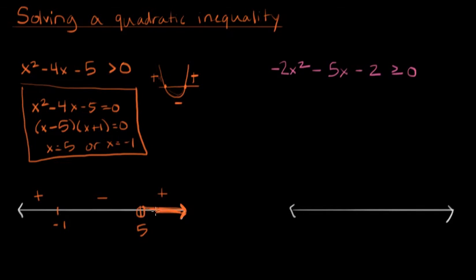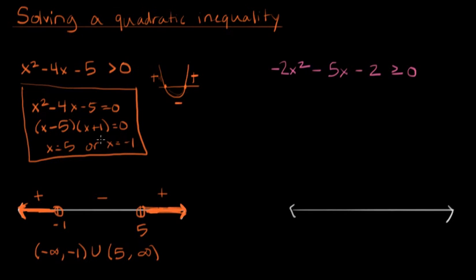So we can put an open circle, and then it's everything over here. Again, an open circle here, and then it's everything over here. So if you wanted to write it as an interval, it would be from negative infinity to negative 1, and then also from 5 to infinity. And that would be where x squared minus 4x minus 5 is greater than 0.